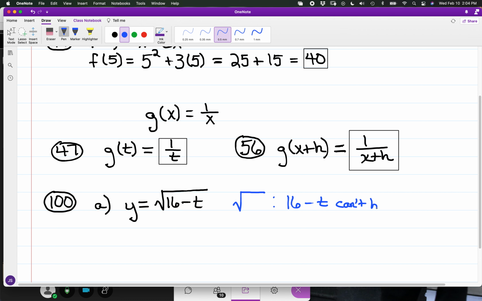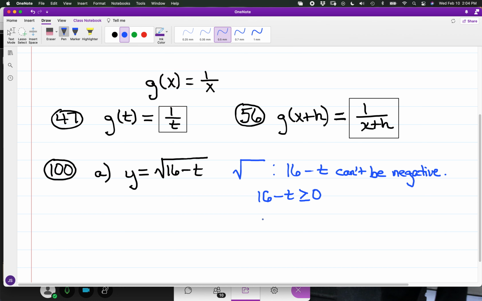Setting this up as an inequality, 16 minus t can be positive, and it can also be equal to 0. So we have 16 minus t greater than or equal to 0. From the inequality, we determine the values of t that will be allowed.